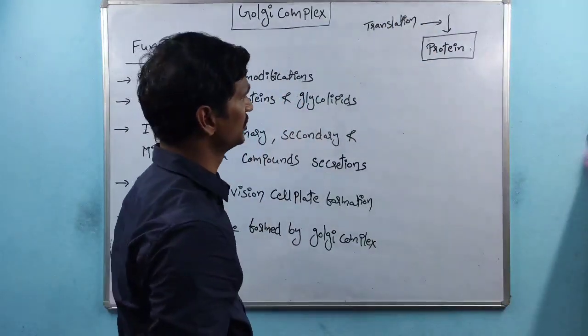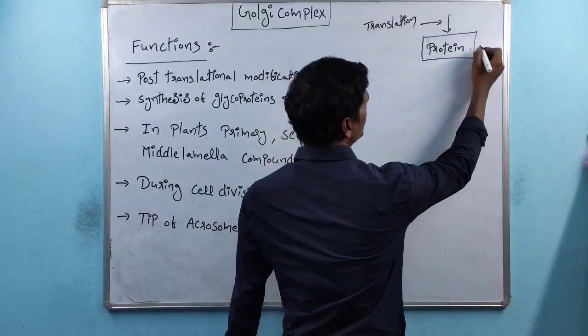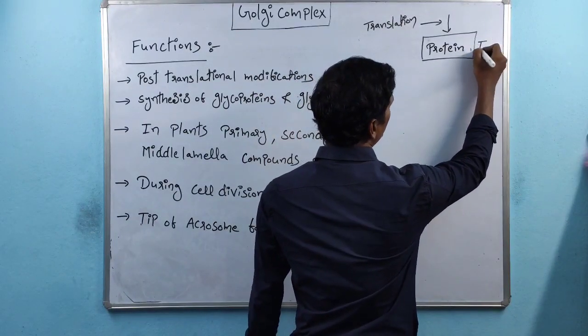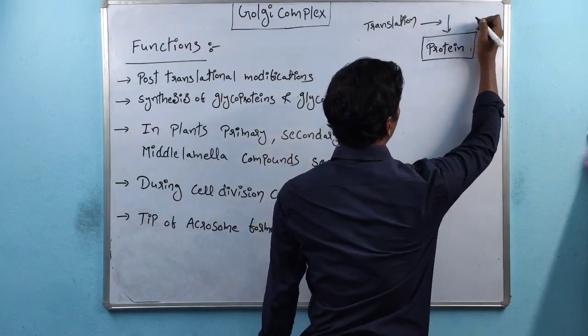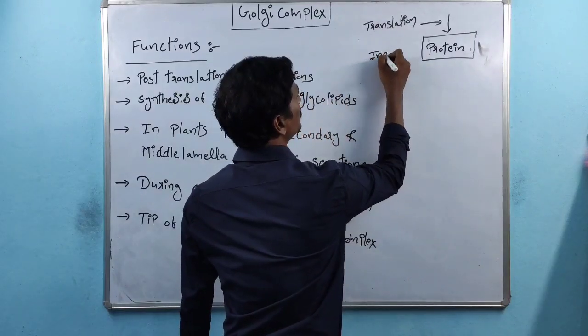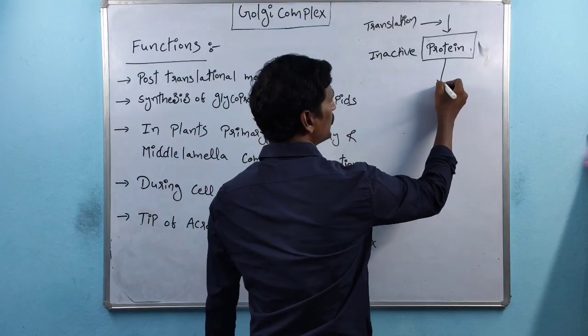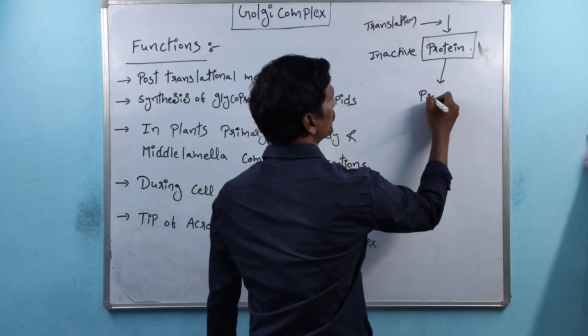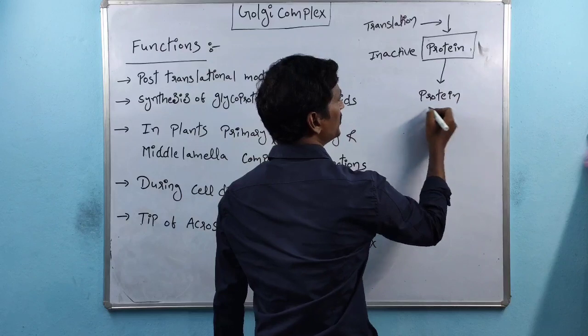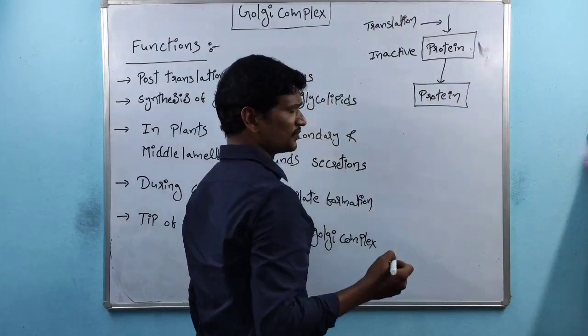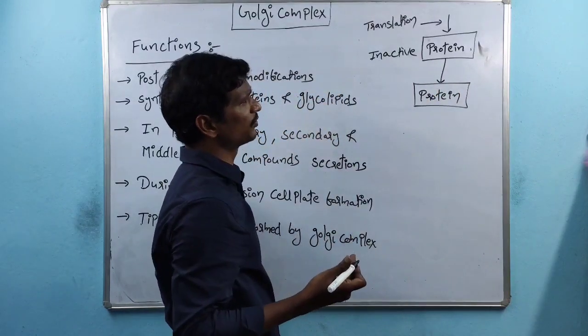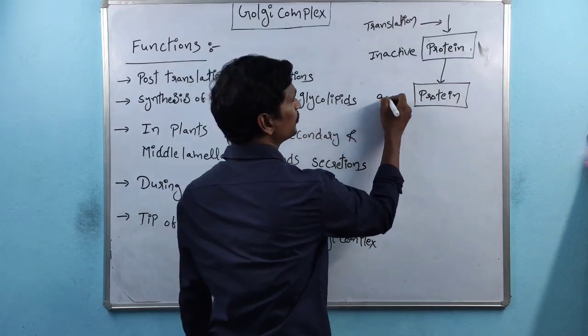After the protein synthesis, one protein is synthesized. This protein is an inactive protein. The inactive protein is modified into an active protein. Sir, how is the inactive protein converted into an active protein?